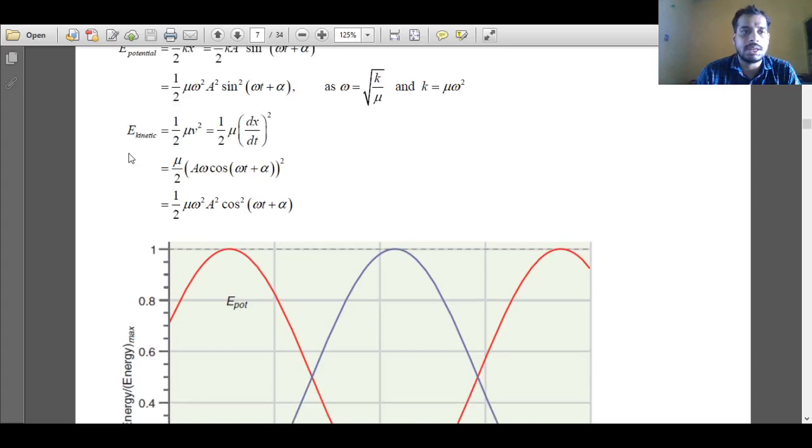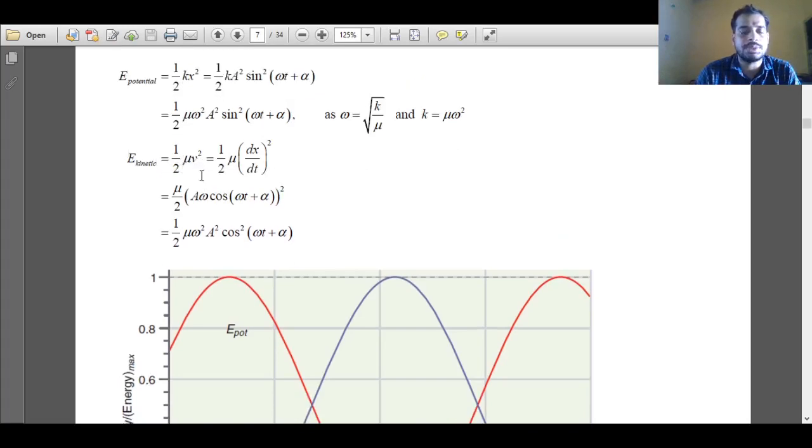Similarly, my kinetic energy turns out to be half mu v square, and for v I will write dx over dt. Now what is my x? X is equal to a sine omega t plus alpha. Here there is a differentiation you have to take.